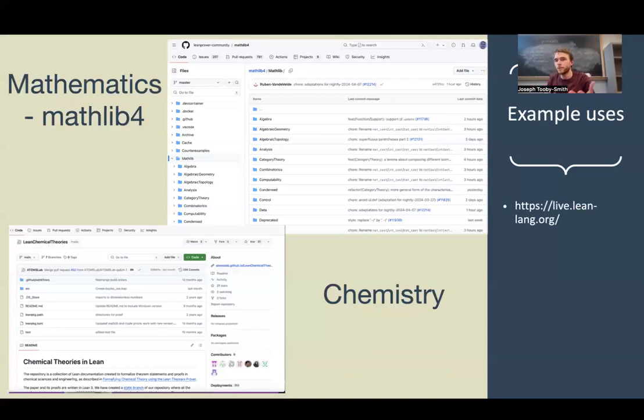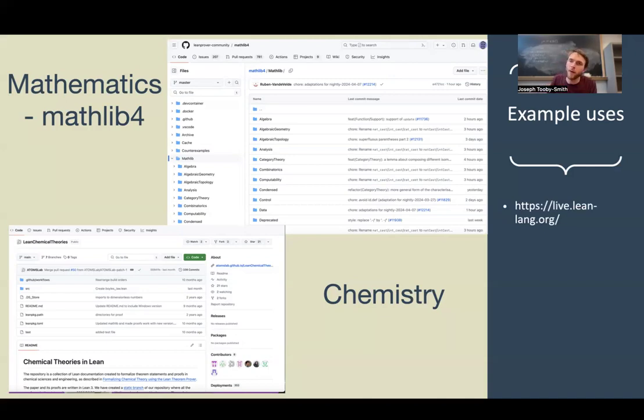And if somebody wanted to prove something about category theory, they could open that file, they could look at the definitions, they could use those definitions, they could use the theorems in their own proofs in a very easy, natural way. They don't have to prove stuff again, unlike perhaps what would happen if you use Mathematica. It's quite hard to take that proof and use it somewhere else. In Lean, it's completely doable.